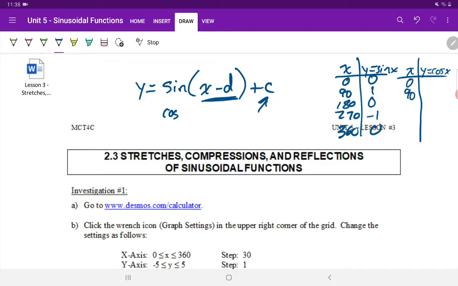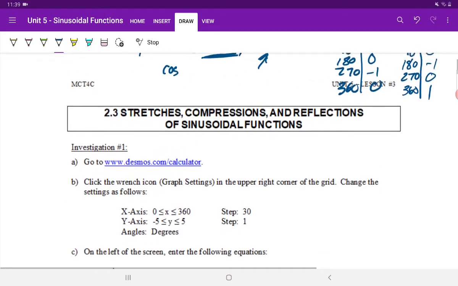The x values are the same, and the y values just vary in a very small way. The only difference is that our cos function actually starts at the maximum of 1, comes down to 0, down to -1, back to 0, and then back to +1. In each situation, one period, or the length for one cycle, is 360 degrees.